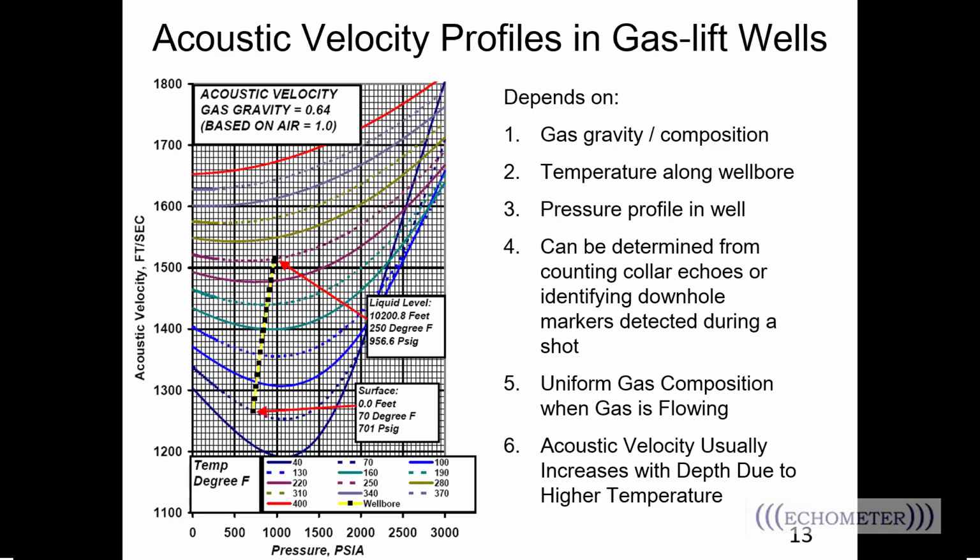So you can put your mouse on it, Carrie-Ann, if you want, to just show that as you're moving from the right to the left, the acoustic velocity horizontally is going up. So you follow a temperature line, temperature's not changing, and you go along that line, the blue line, from 1,000 psi to zero. Then as the pressure drops, the acoustic velocity increases.